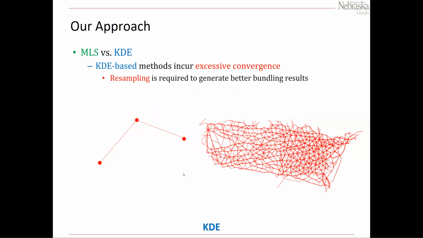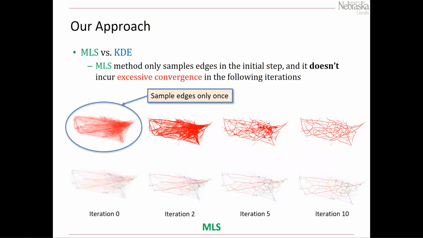The KDE based method needs to iteratively resample the result to avoid the excessive convergence problem and artifacts. Using moving least squares, we only need to sample the edge once, and then all the sampling points can be iteratively moved to new positions. So basically, we don't need to conduct resampling to address the convergence artifacts.